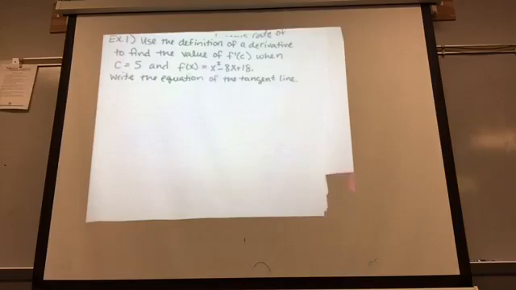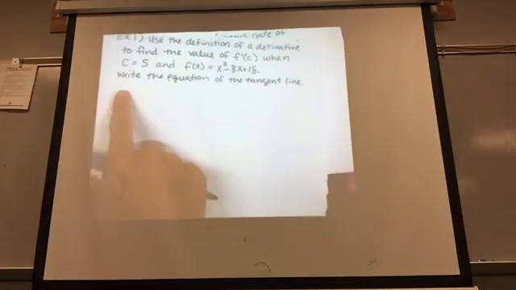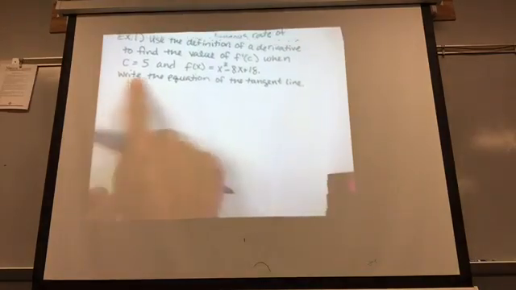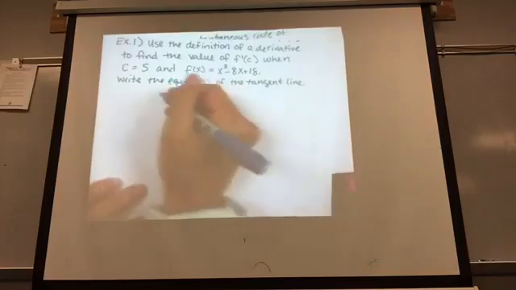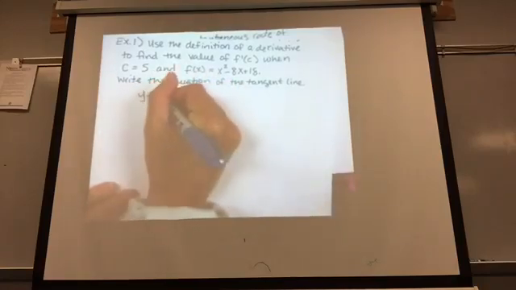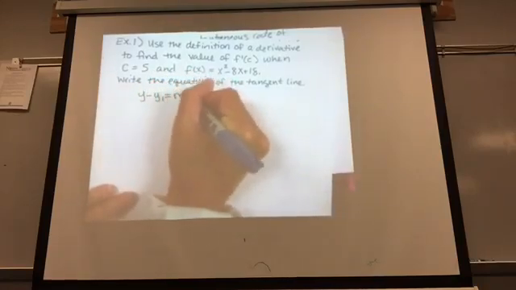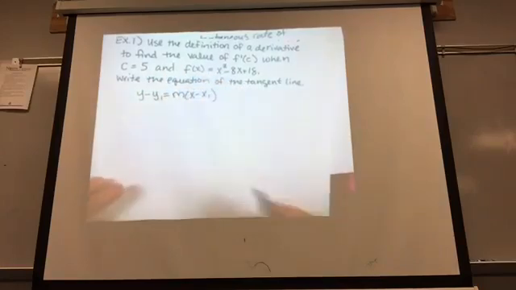Okay, so I've read it. What's my question asking me? To write the equation of the tangent line. So anytime I see the directions to write the equation of the tangent line, I'm going to write that out. I know that's y minus y1 equals m times x minus x1.